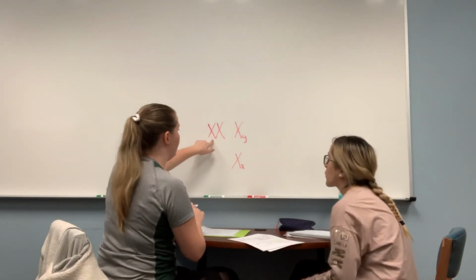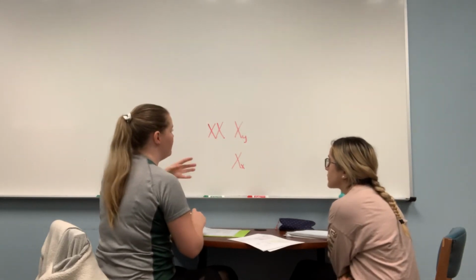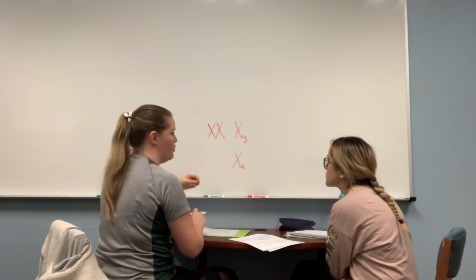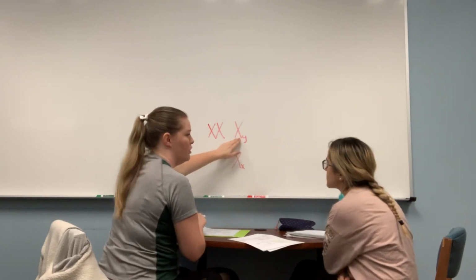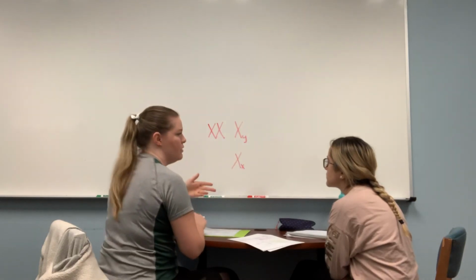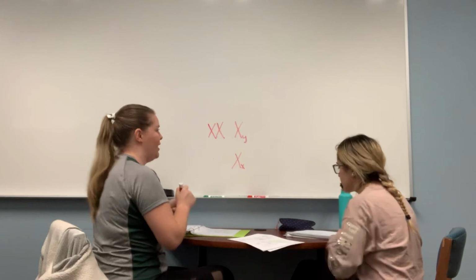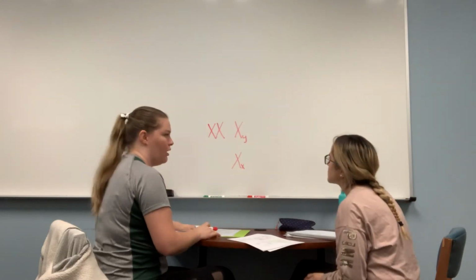Even though these are both dominant, females can be a carrier. That's why most of the males will have the X-linked disorders, because they only have one X. So their X would only have the disorder, if that makes sense. Because then the Y is just there.